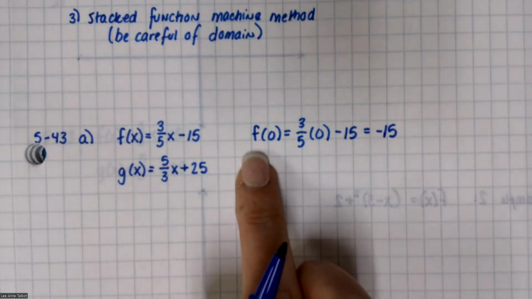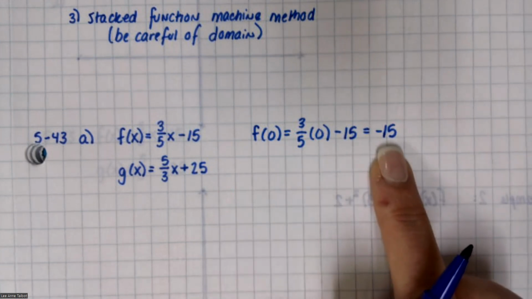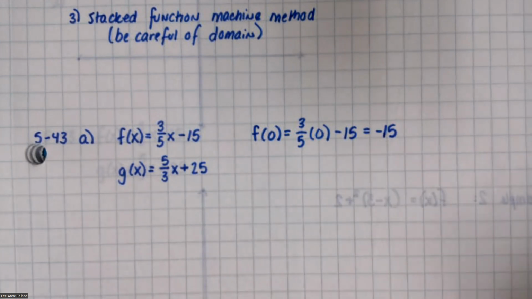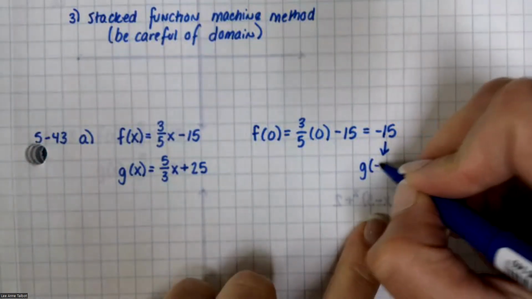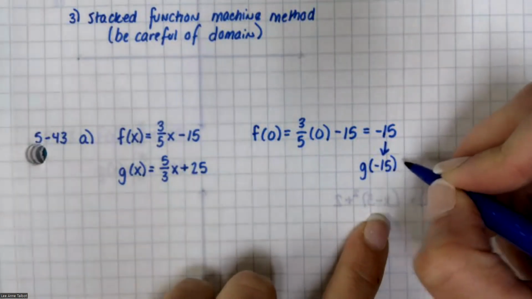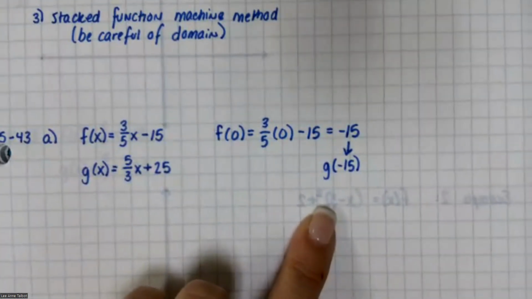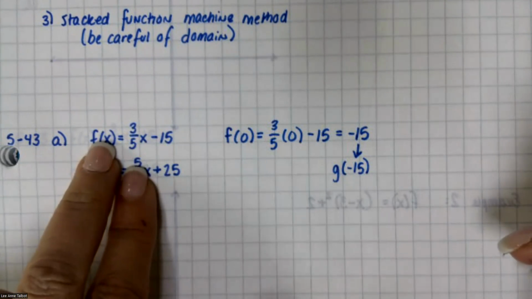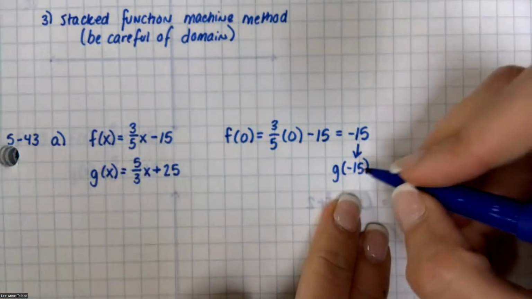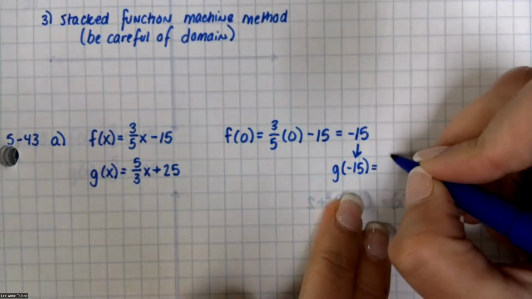Okay, so stacked function machine says take your answer, your output, and put it in the other one. So now I'm going to take that negative 15. And what am I looking to get back out? If these are inverses, what should I get back out? Yep.